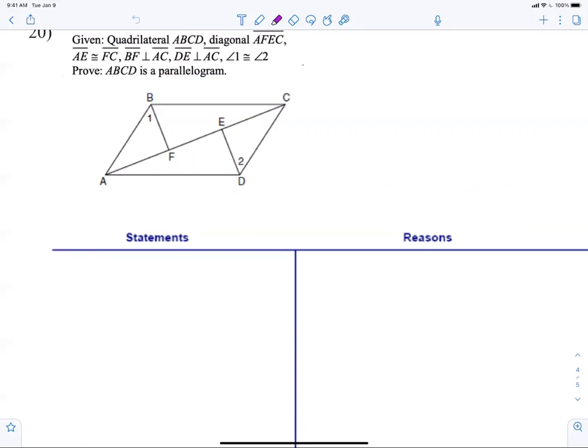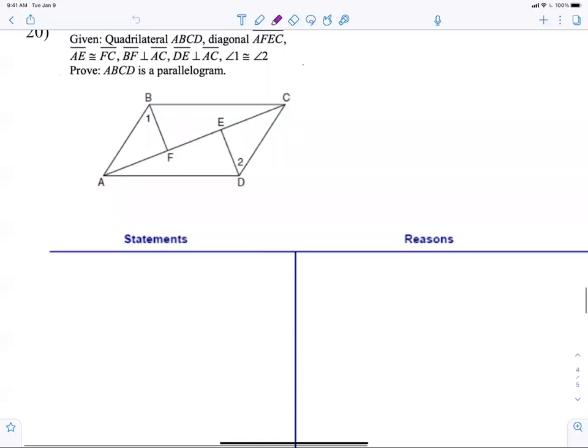All right. So AE is equal to FC. I know it's kind of hard to mark, so I'm going to do something like this. AE is congruent to FC because they overlap. BF is perpendicular to AC, so I'm going to mark that.